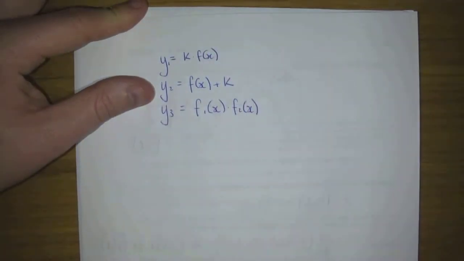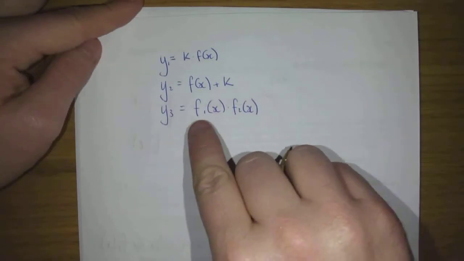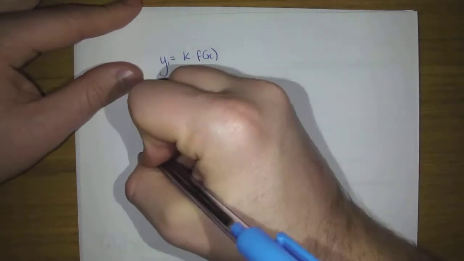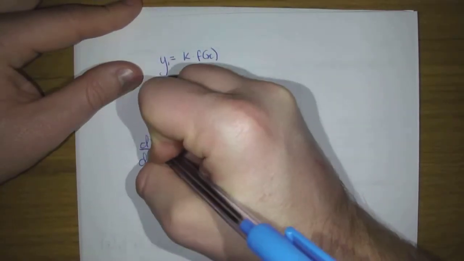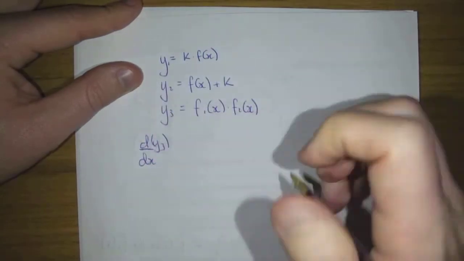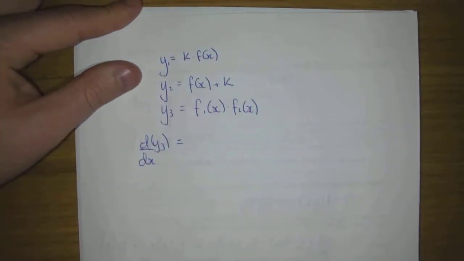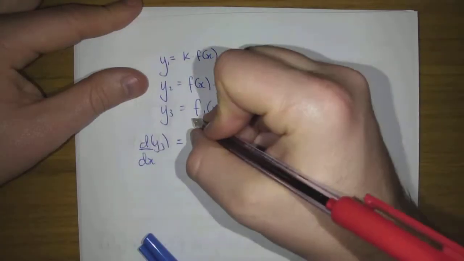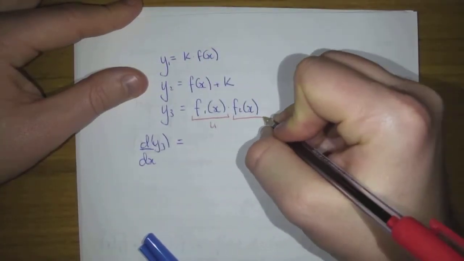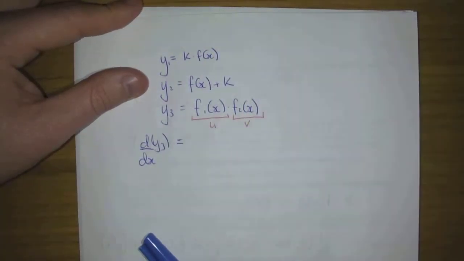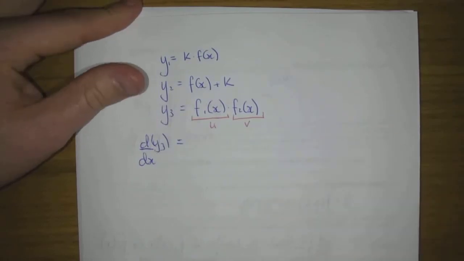Okay, so the derivative of y3: it's two functions multiplied together, so you should use the product rule. Now, I appreciate I'm not actually specifying what these functions are, but I want to talk generally. You want to use some abstract maths.